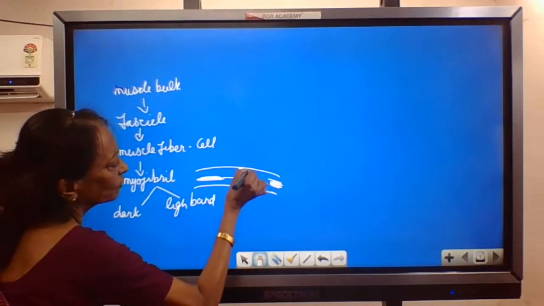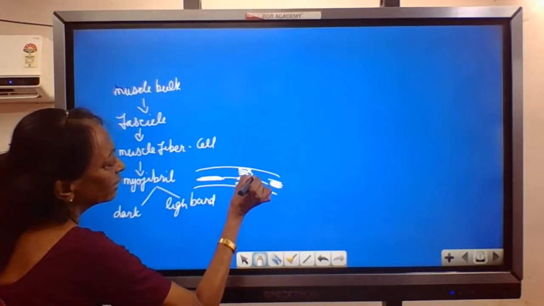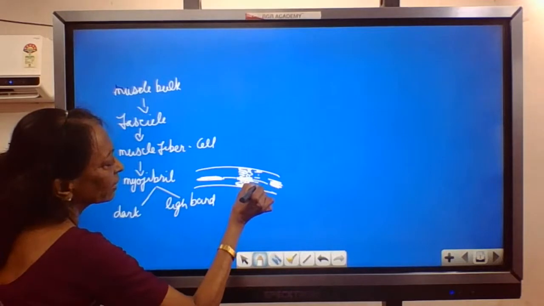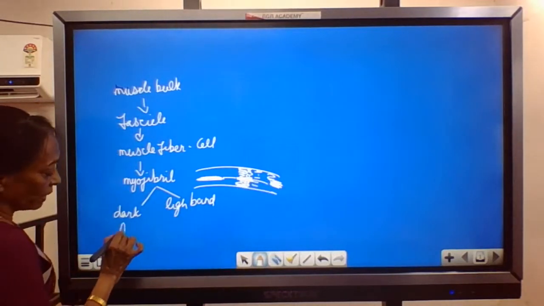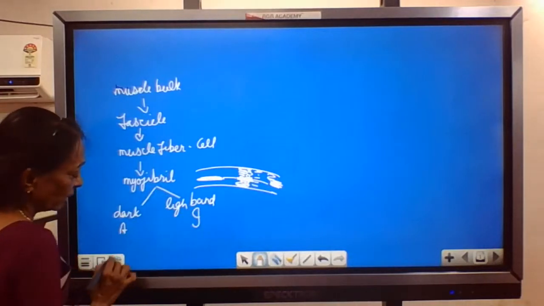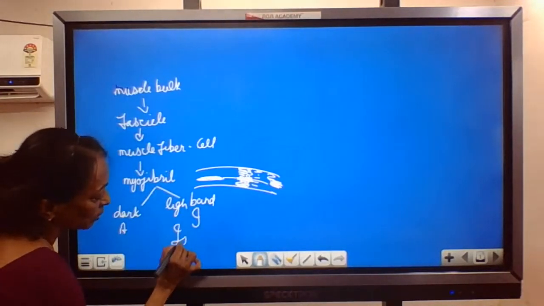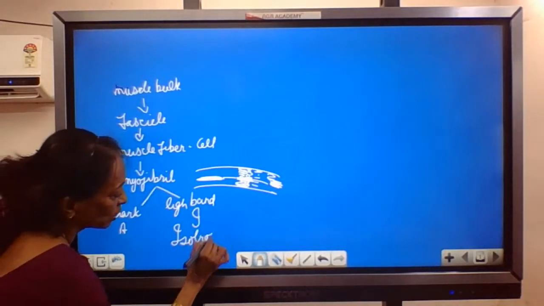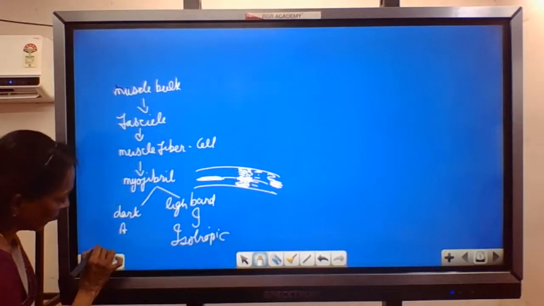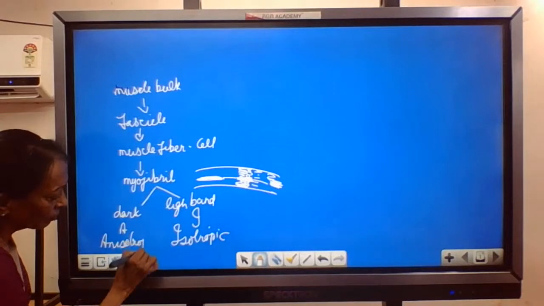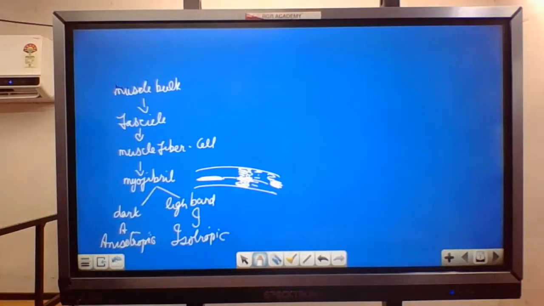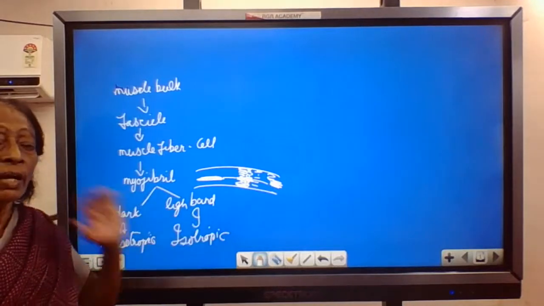Dark area, fully dark area here, and this will be light area, dark area. Now light band and dark band. The dark band is called the A band, the light band is called the I band. This is the isotropic band and this is called the anisotropic band. Up to this, we have to proceed.